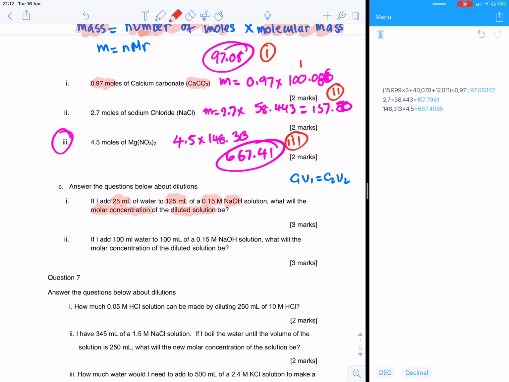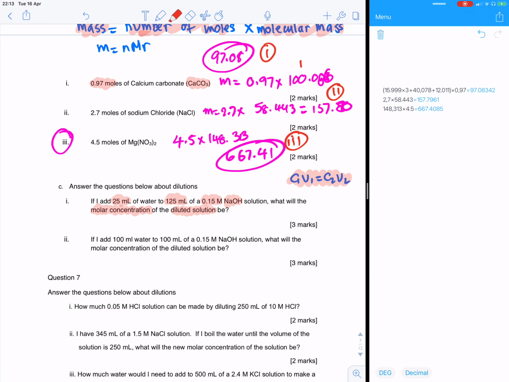So we use the formula C1 V1 equals C2 V2, where C1 is the concentration of the solution and C2 is the concentration of the diluted solution. So V1 is the initial volume and V2 is the final volume.